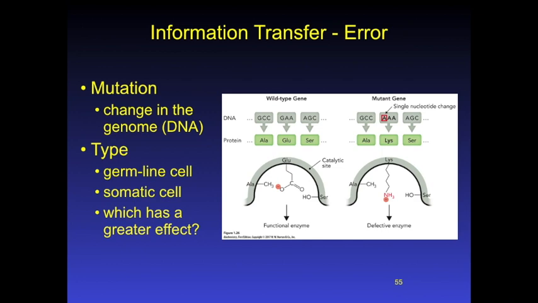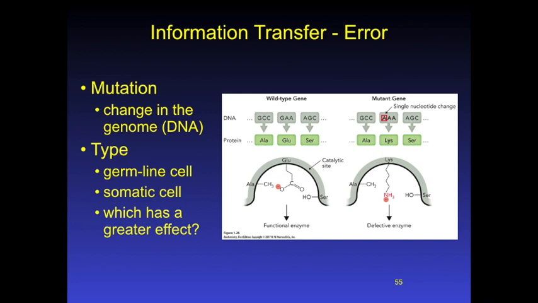All right, and so there happen to be errors all the time. But there are two kinds of cell, germline and somatic cells. Which one would have a greater effect if we actually incorporated a mutation? Germline, okay? Because the germline is fundamentally what is transferred from person to person.